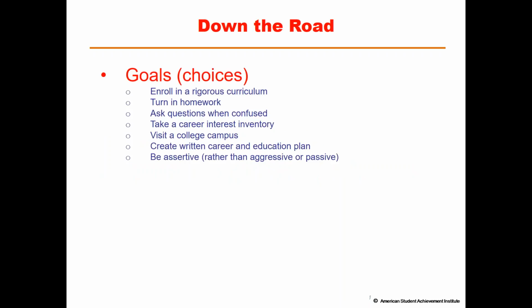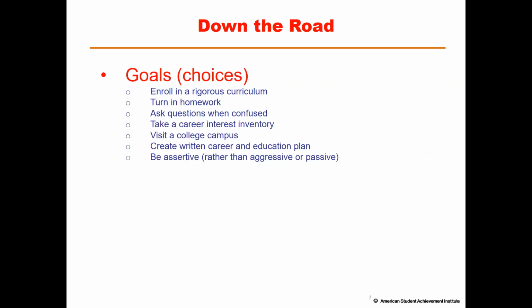So down the road in future months, you will be working with your council to define program goals. And your program goals will be focused on student choices that students tend to make when they're successful at school.